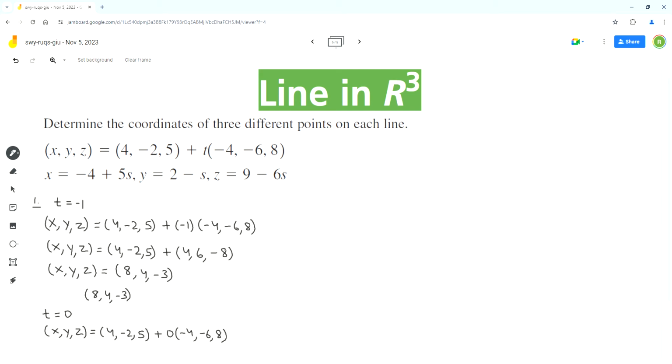Zero times the vector -4, -6, 8 is equal to 0 vector, so that term goes away. So the second point that lies on this line is 4, -2, 5.